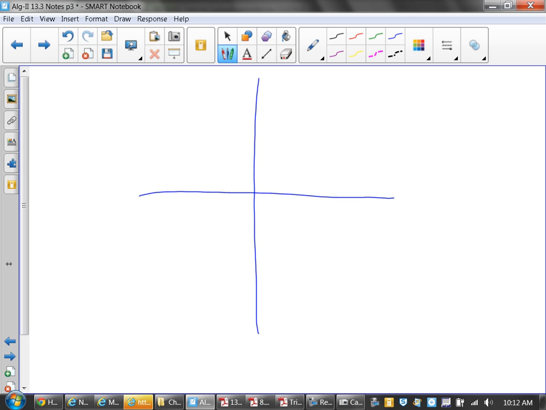When I build off the quadrantal angles, what I'm going to do is place 0, pi over 2, pi, and 3 pi over 2. When I'm doing these, my value for x and negative x, y is 0 for both of these. Here it's 0 comma y and 0 comma negative y. When I'm on my x-axis, my value for r will always be x.